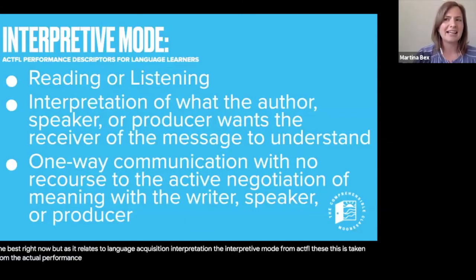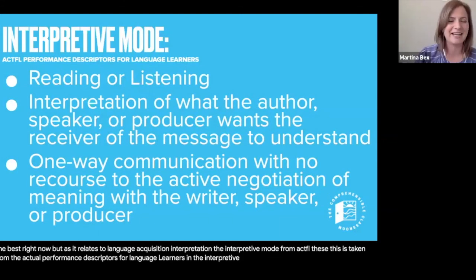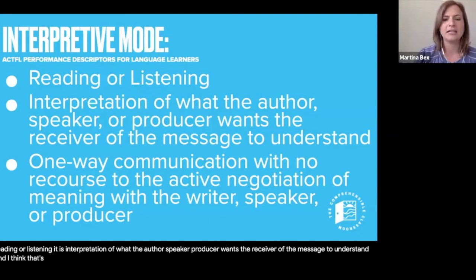I think that's really important to point out, because sometimes we think we understand what the speaker was saying, but the goal is understanding what the producer of the language actually intended for us to understand. And it is one-way communication with no recourse to the active negotiation of meaning with the writer, speaker, or producer.